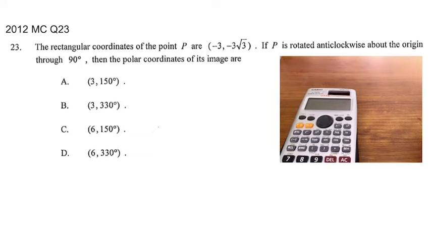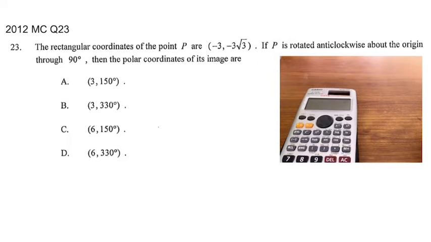The way it usually moves is this way, now you have to go the other way, and then there's just one box. Each box is 90 degrees, so anti-clockwise through 90 degrees. But we do not just have to find the rectangular coordinates after rotating, we have to find the polar coordinates. So let's see what it means actually.